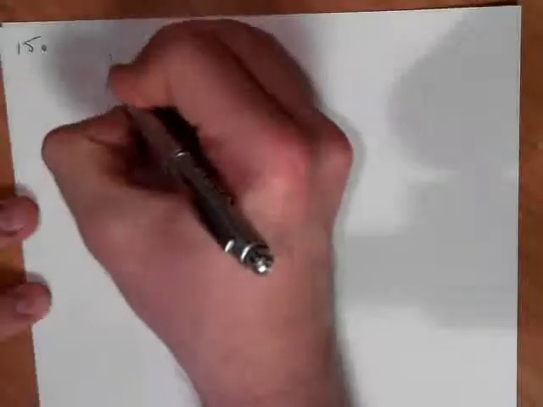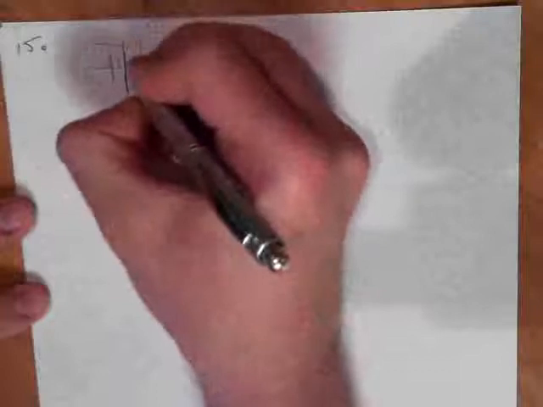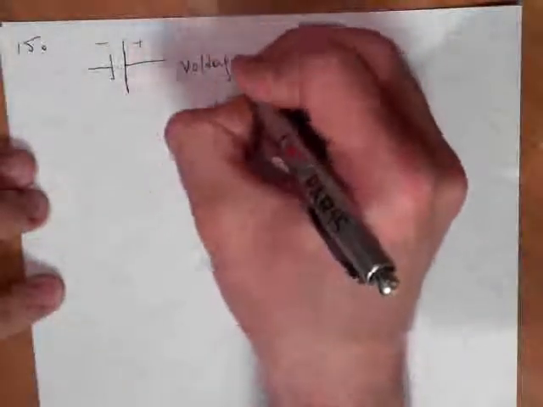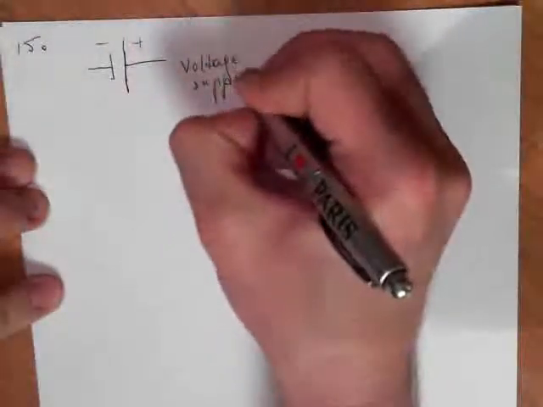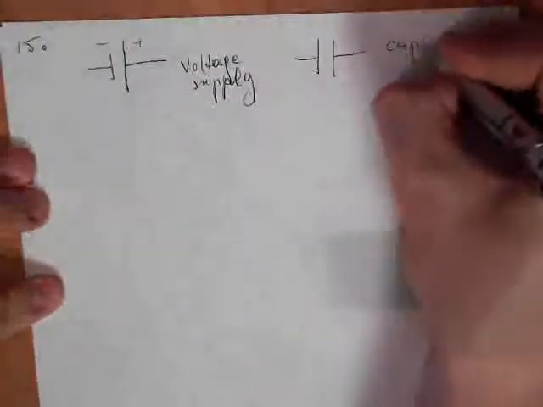Symbols of electric circuits. The voltage supply has this symbol: this is minus, this is plus. Capacitor is represented like this.